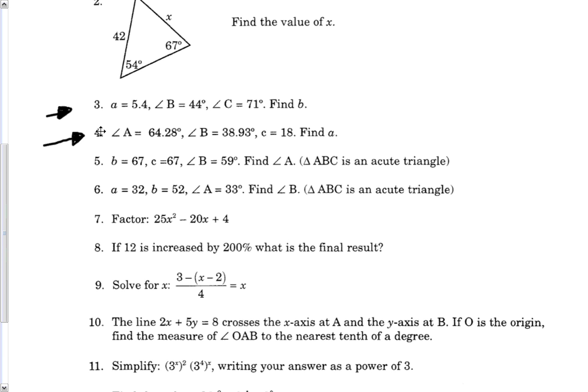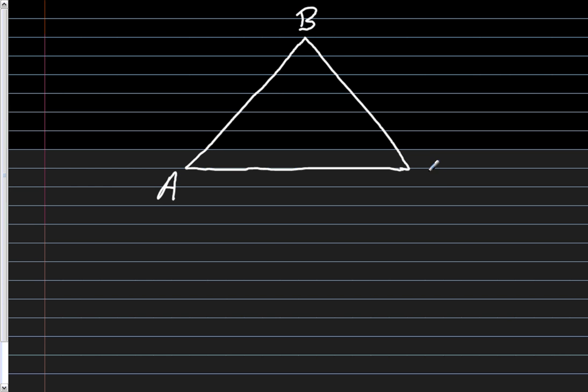number 4. Let's take a look at number 4. Even though I don't have the numbers for number 4 right here, I can start by drawing a triangle. And I just generally always draw my triangle kind of like this. And we label the corners with capital letters.